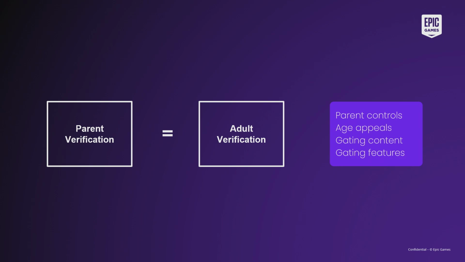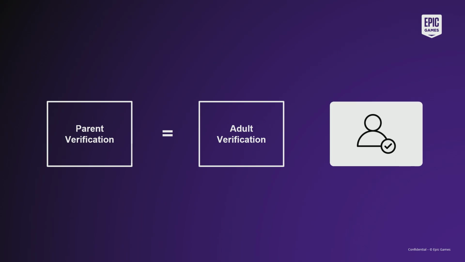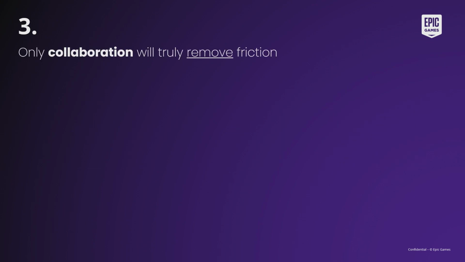An age appeals process is a very general use case. Adult verification and parent verification are used very commonly for a lot of reasons, and it creates that stamp on the user account on your end. So, going back to the point I made earlier, you're minimizing downstream problems if you have more users with a verified stamp of age. They've passed some level of verification, which provides you a better platform to deal with stuff later.